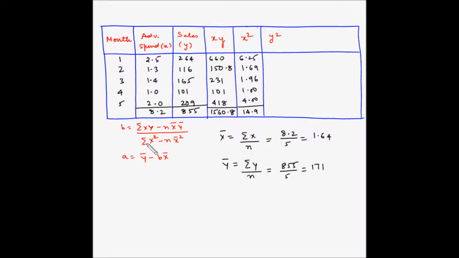So we have the value of sigma x square, and we also have the value of x bar, so we can easily find the value of x bar square. Actually, to find b and a, we don't need y square.